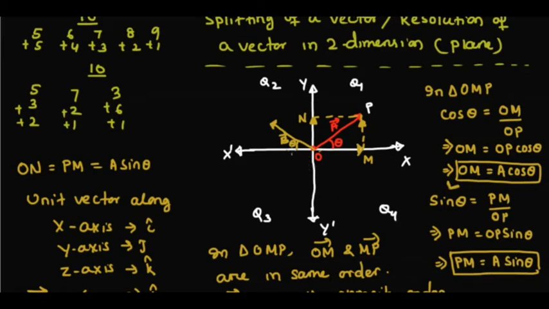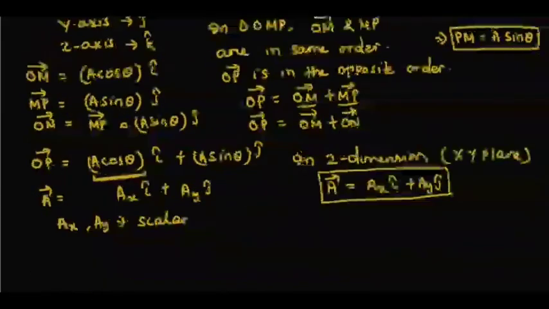Now how to split it? Again, from the tip of the vector, draw two perpendiculars like this. After drawing two perpendiculars, suppose this point is R and this point is S. So you'll see that OR will be B cos theta, OS will be B sin theta. You can do it yourself. So you can draw this diagram. You'll see that OR will be equal to B cos theta and OS will be B sin theta.